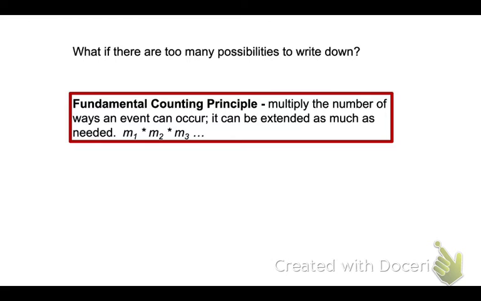Would you have liked to write down all those combinations? No. So the fundamental counting principle you should be writing down is multiplication. It's multiplying the number of outcomes. It is an and situation. This is happening, and this is happening, and this is happening.